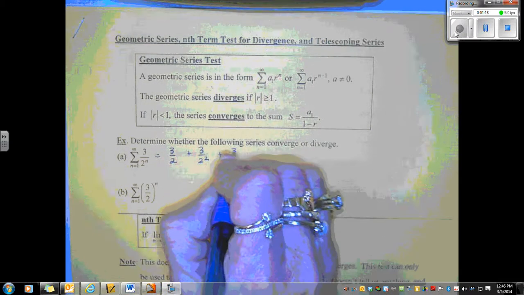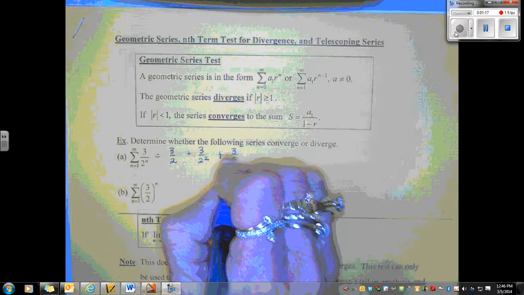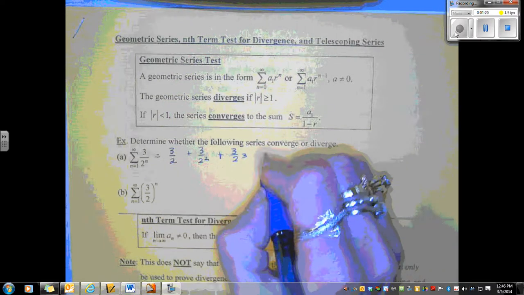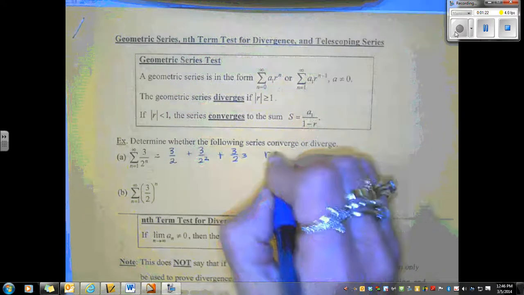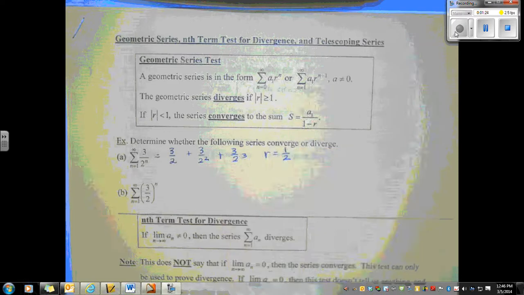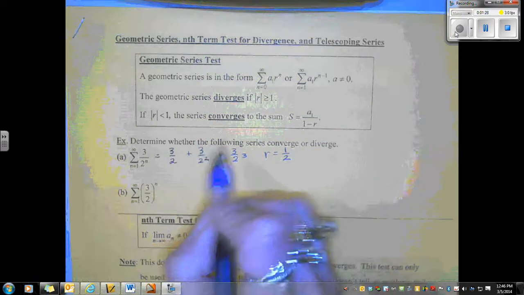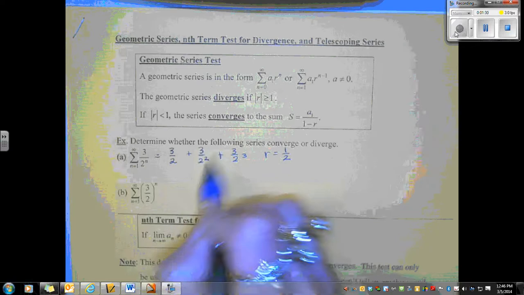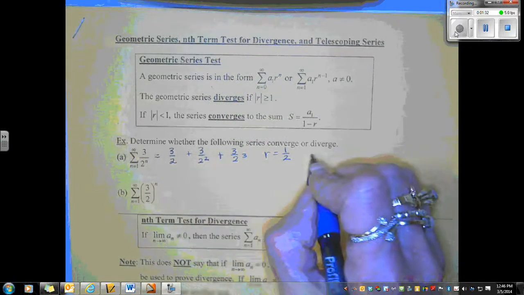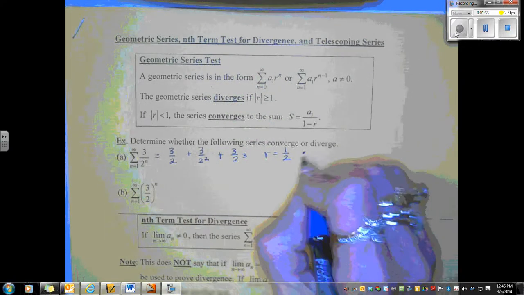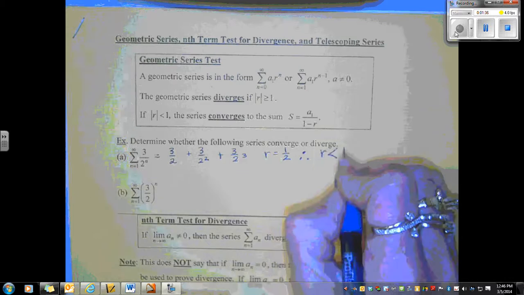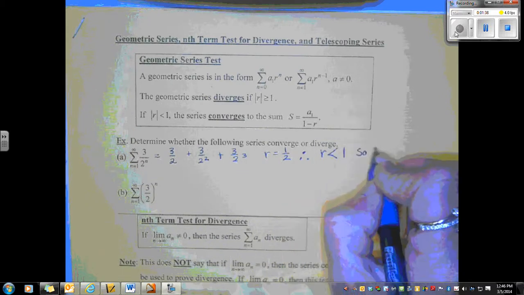This is 3 over 2 cubed. So what's r? r equals a half, because 1/2 times this made this, then 1/2 times this would make the next one. So therefore, r is less than 1, so it converges.